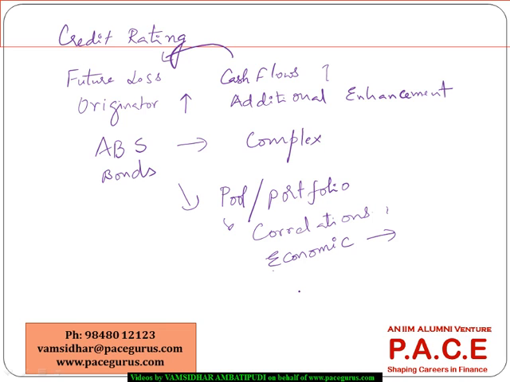So when you have to assign a credit rating, especially to asset-backed securities, and subprime mortgages also fall into similar categories, it becomes more and more challenging. For a typical bond, the credit rating is closely linked with the company's performance.